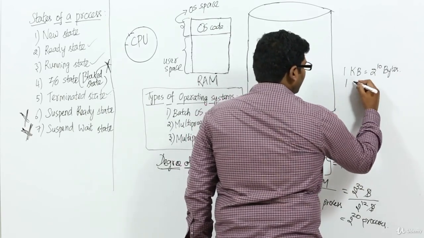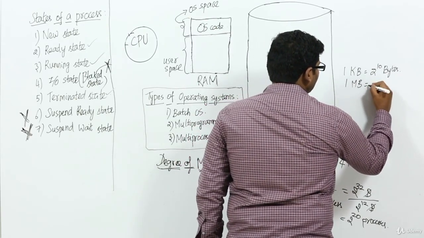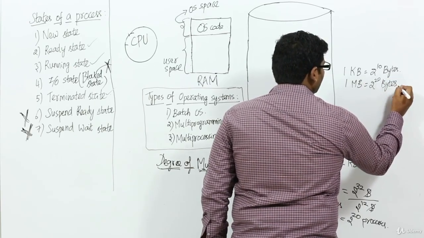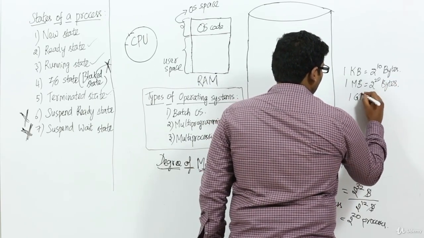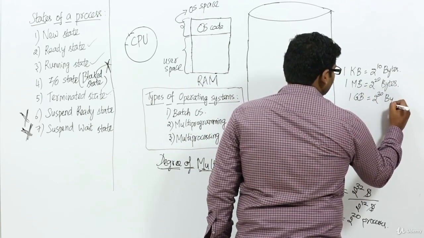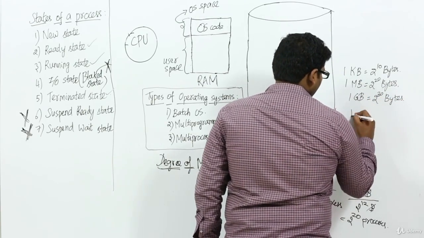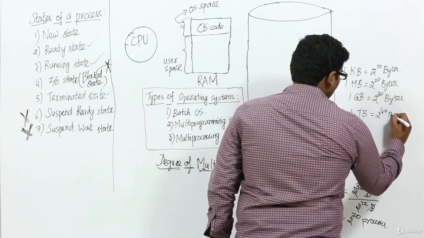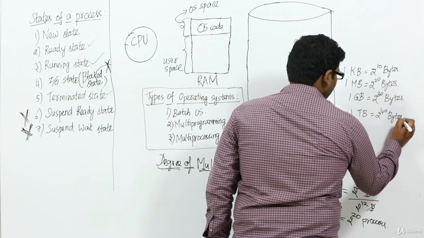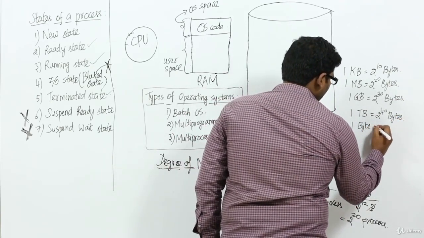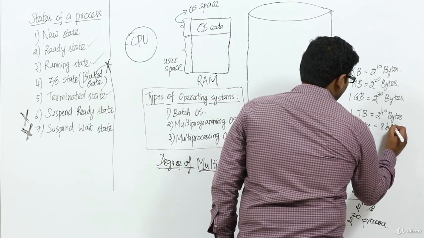And 1 MB is equal to 2 power 20 bytes. 1 GB equal to 2 power 30 bytes. 1 TB equal to 2 power 40 bytes. And 1 byte equal to 8 bits.